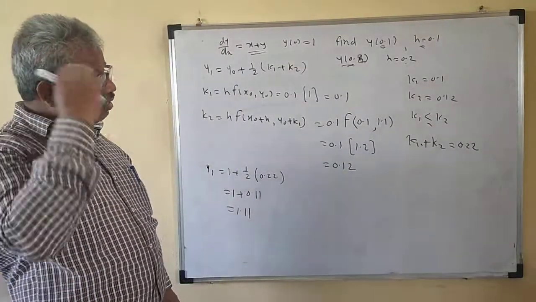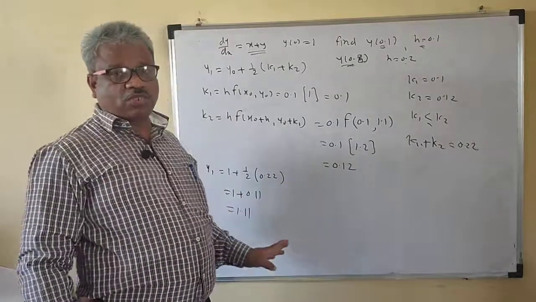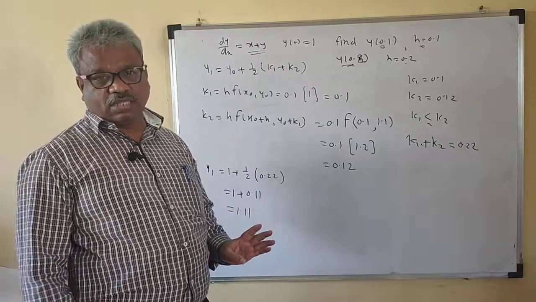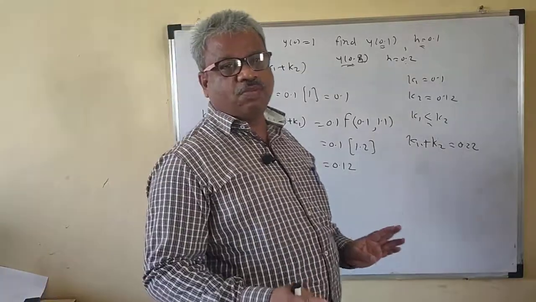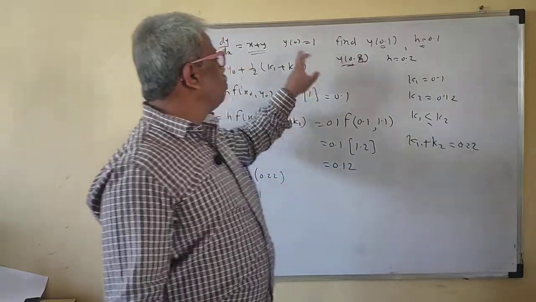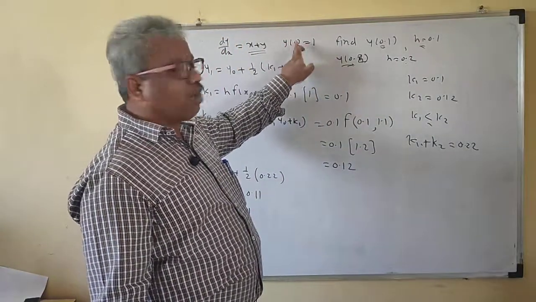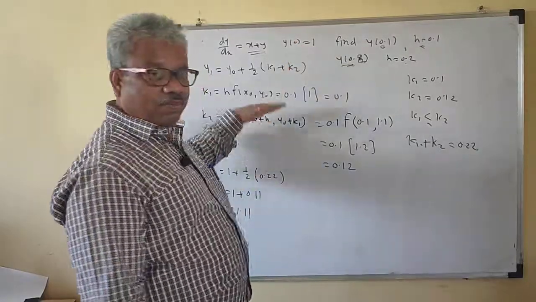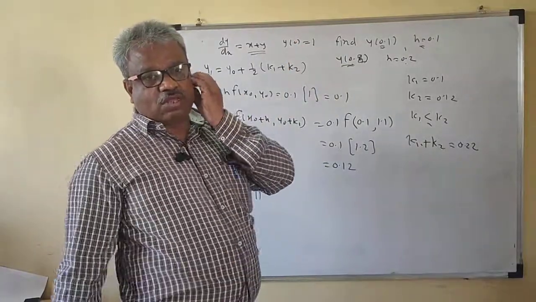So I hope that we have revised all 4 chapters of numerical methods and its applications. Try to solve a number of problems for practice. Change the values also. Instead of y of 0 equal to 1, take y1 equal to 1, y2, y3, y4, so that the problem becomes complicated and you can easily solve the problems.